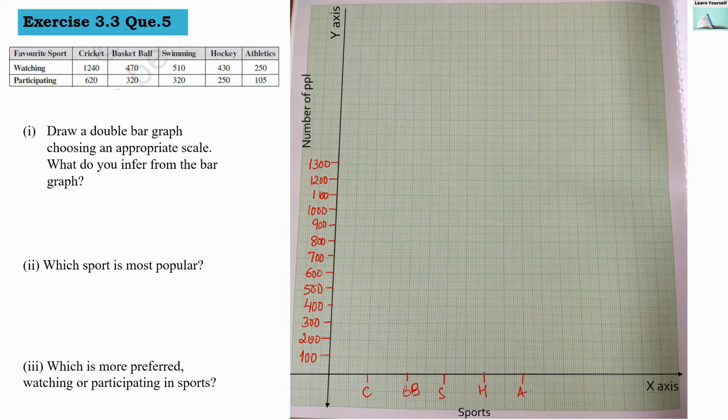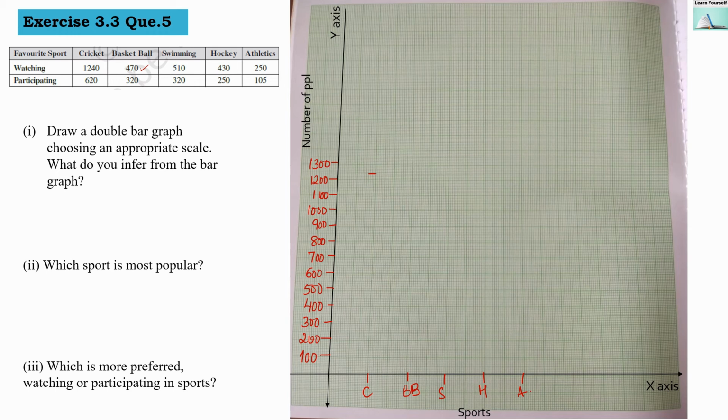Now let us do markings for our bar graph. For cricket, the number of people watching is 1240. 1240 is somewhere in between 1200 and 1300. It's here. So here first I am going to mark all the people who are watching all these sports. So I have marked for cricket. Now let us mark for basketball, that 470 people are watching basketball.